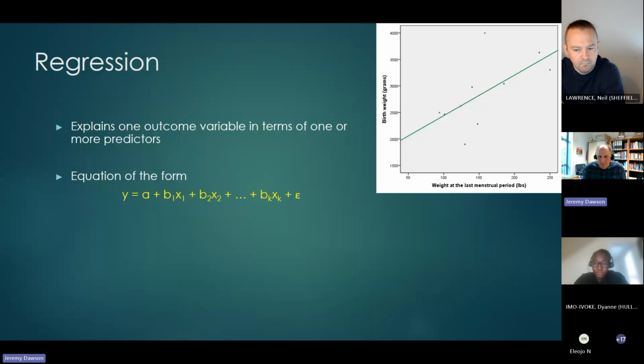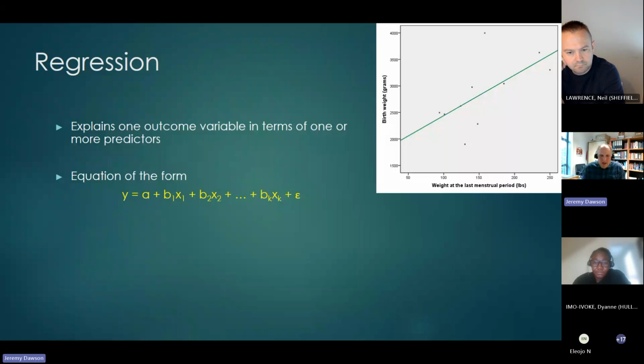In the example on the plot here, where it's plotting a mother's weight against the baby's birth weight, a regression coefficient here would tell us for a 1 pound increase in the mother's weight, how many grams more would we expect the baby's birth weight to be on average. So these all have that meaning, and that is interpreted when everything else is held constant, which is an important part of that consideration.